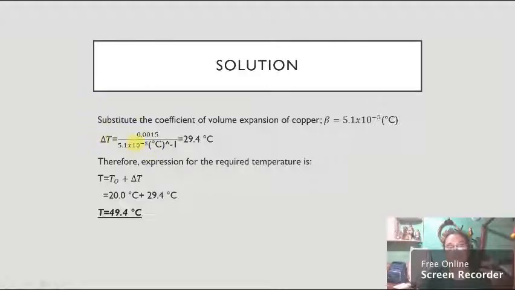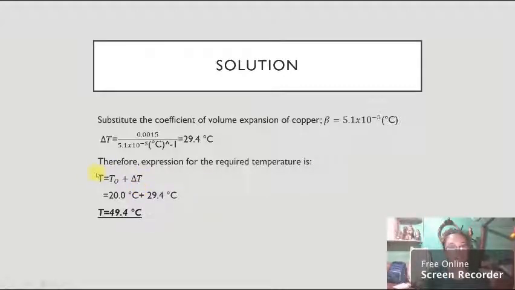Delta T is equal to 0.0015 over the coefficient of volume expansion of copper, and we're going to get an answer of 29.4 degrees Celsius. So we're just going to check if it's correct. Okay, correct.